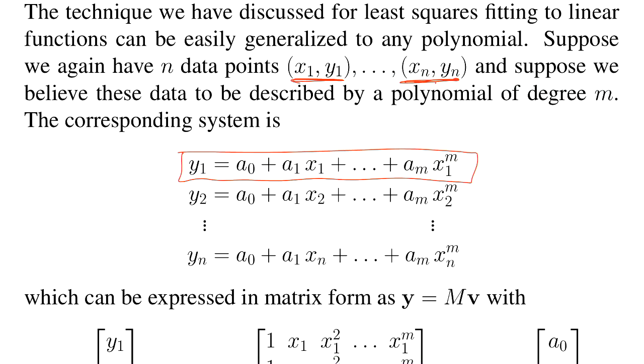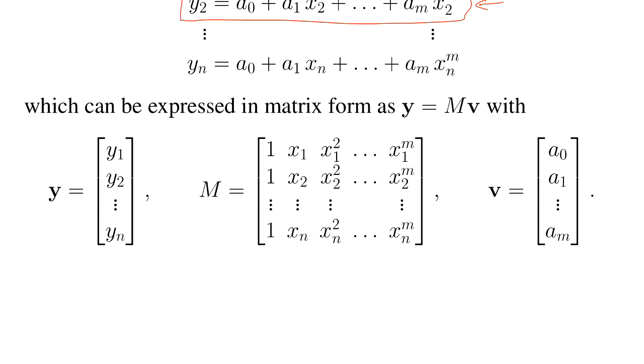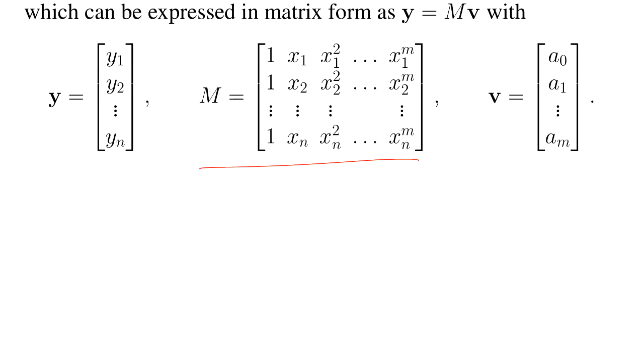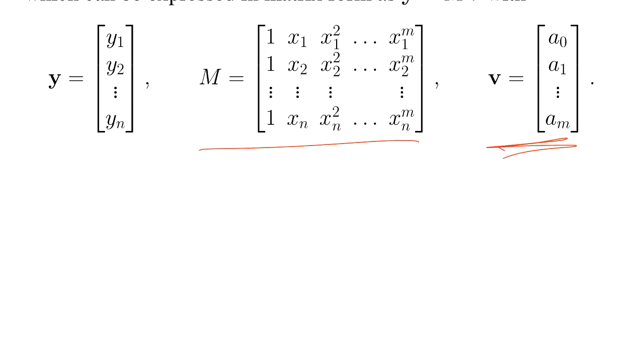So you put all the x1s into this one with y1, all the x2s into this one with y2, etc. Play the same game. You get a slightly more complicated m. You've got the 0th powers in the first column, the first powers in the second column, and then instead of stopping, you've got the second powers in the next column, and so on, up to the nth powers. But then you play exactly the same game. We want to find the least squares solution, so we solve the normal equations.